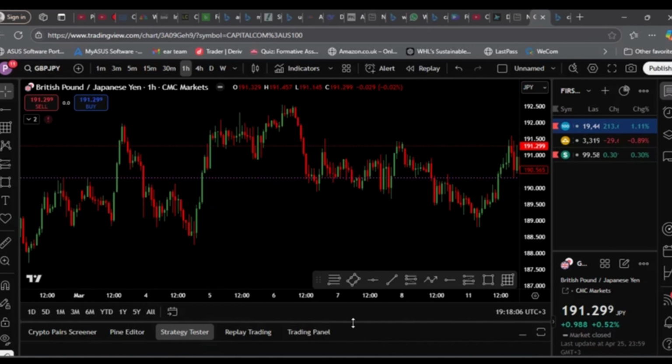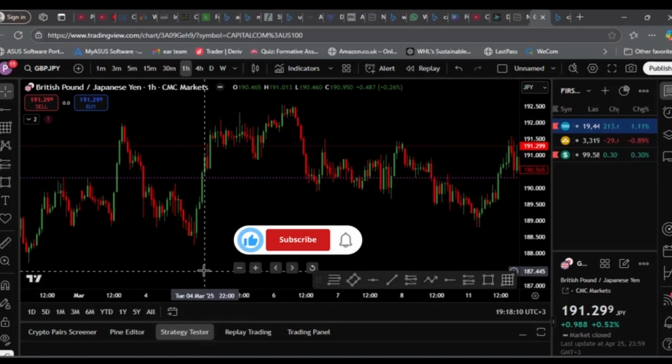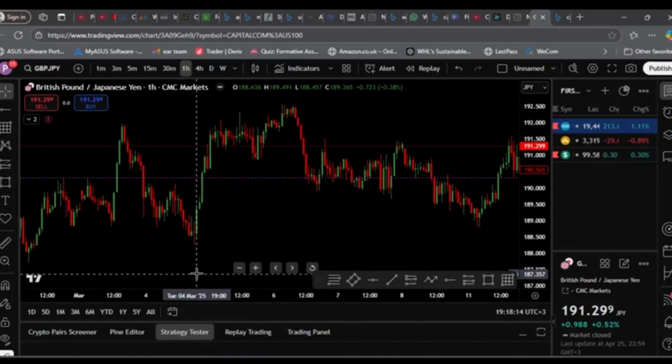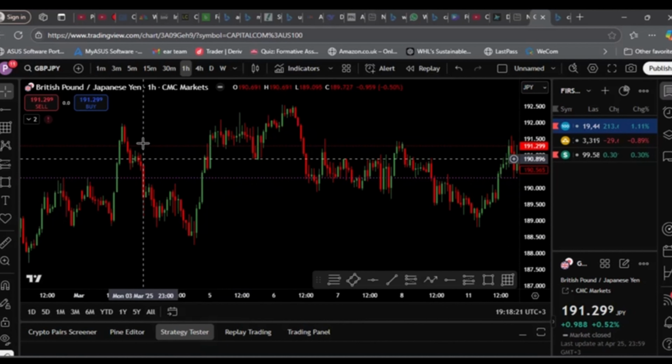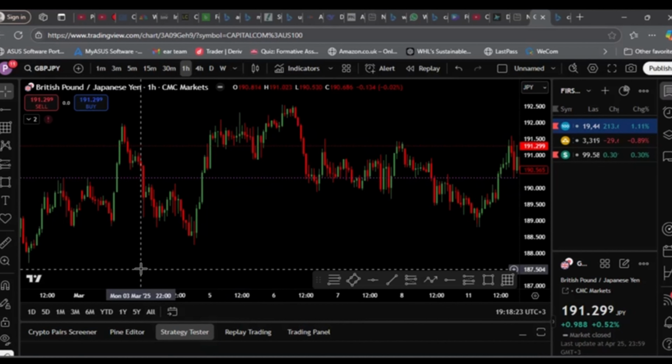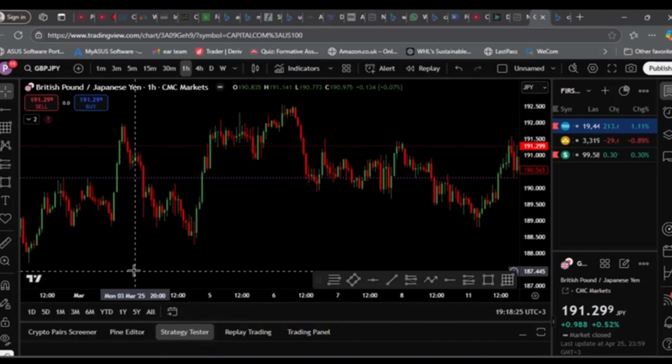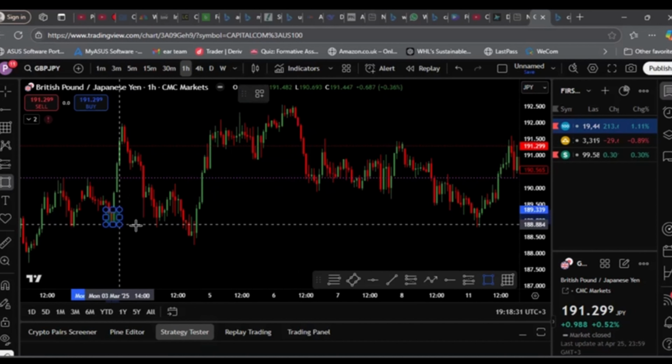How are we going to identify the order block? For the bullish order blocks, I will be using the green color, and for the bearish order block I will use the red one. Now after the price has made this massive move, we need to highlight the last candlestick before the big move, which is this one here.